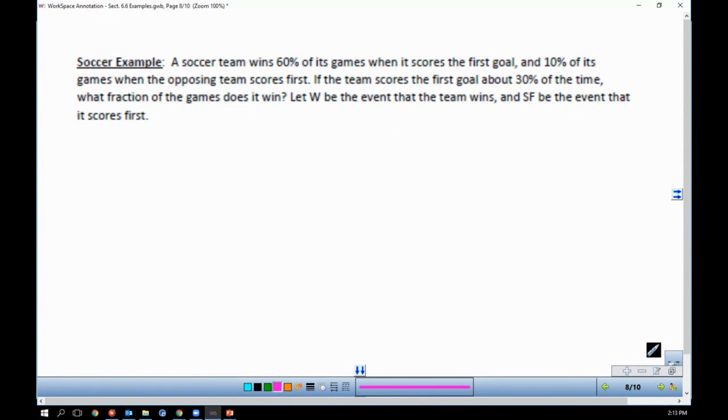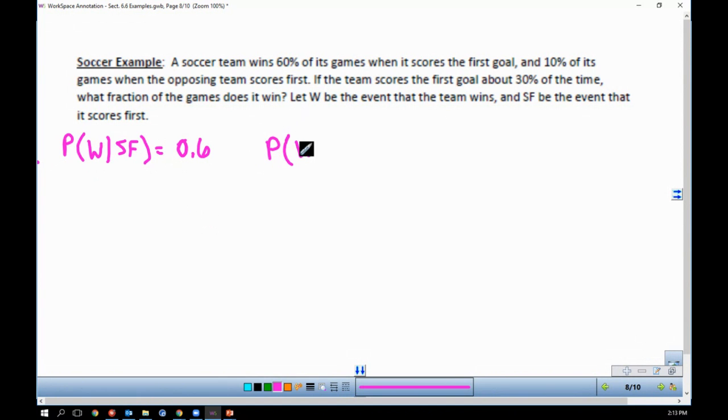Before we do anything, let's just make sense of the probabilities they gave us. First thing it says is the team wins 60% when it scores first. So the probability of win given score first is 60%. 10% if the opponent scores first.